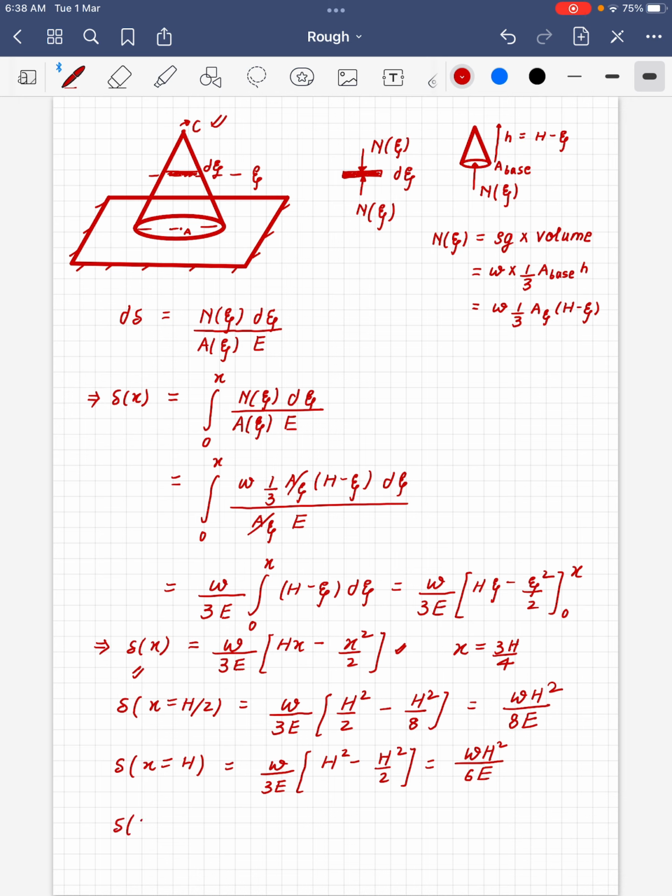The deflection at base point A can be found out by putting x equal to 0. So it will be 0, because this point A lies on the support and the support won't be moving. So the deflection of point A is 0.